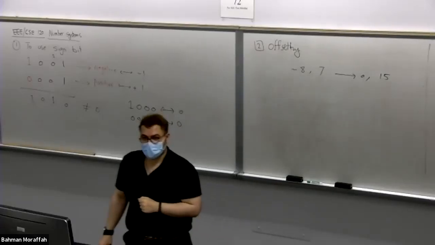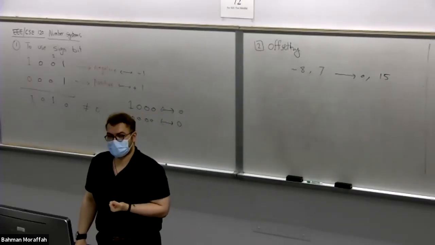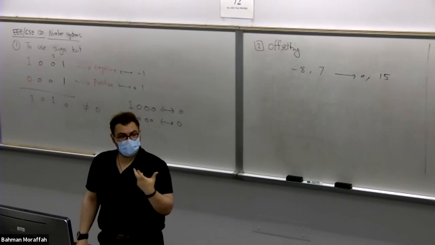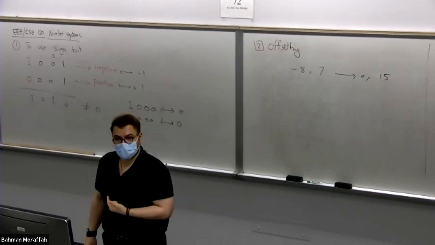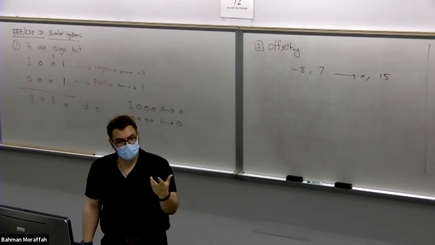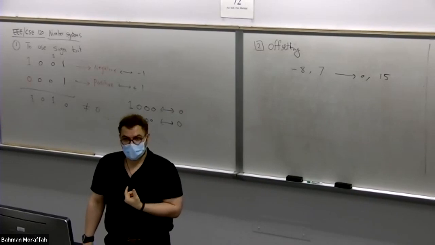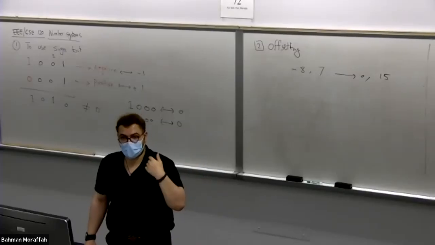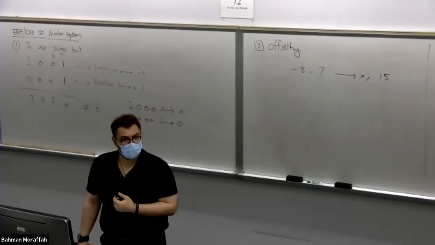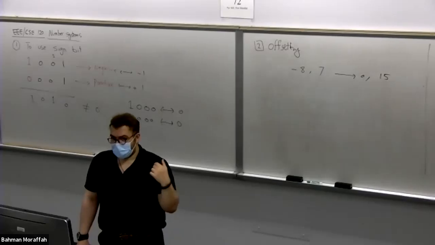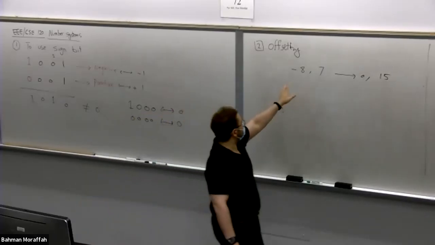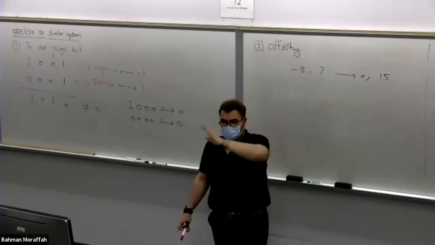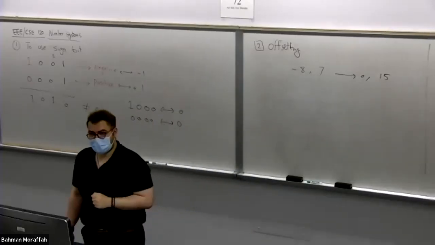But what is 8 in binary? That's 1, 1, 1. So I'm actually looking for a number that I can add to the original number that I have, and I get 1, 1, 1. But again, if I basically add this 1, 1, 1 to every element that I have, I still have a problem.